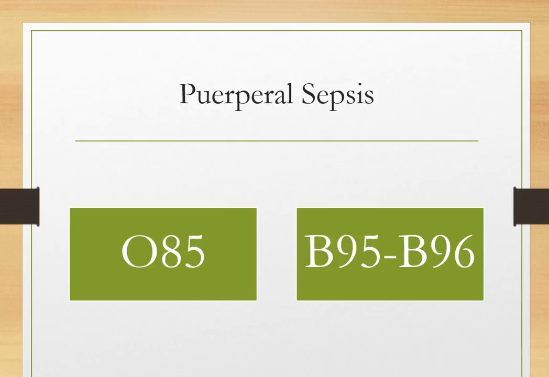Also, a code from category A40 or A41, which are streptococcal sepsis and other sepsis respectively, should not be used with puerperal sepsis. And if applicable, if your patient has severe sepsis, you're going to use R65.2. And of course, if they have an acute organ dysfunction, you're going to capture that code as well.